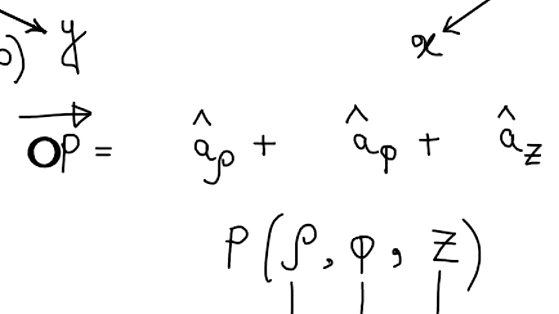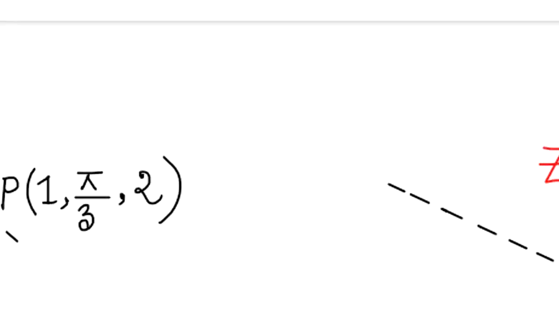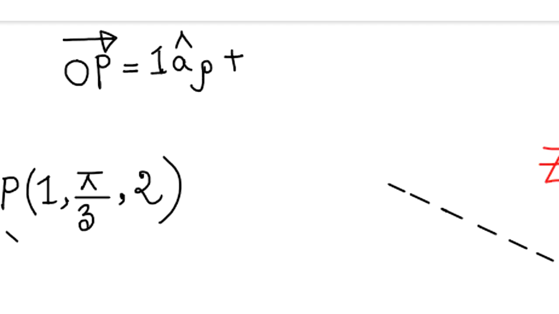Suppose our radial distance is rho, our angular distance is phi, and our height is z. So the point we are working with will have the vector representation as 1 a rho plus pi by 3 a phi plus 2 az.